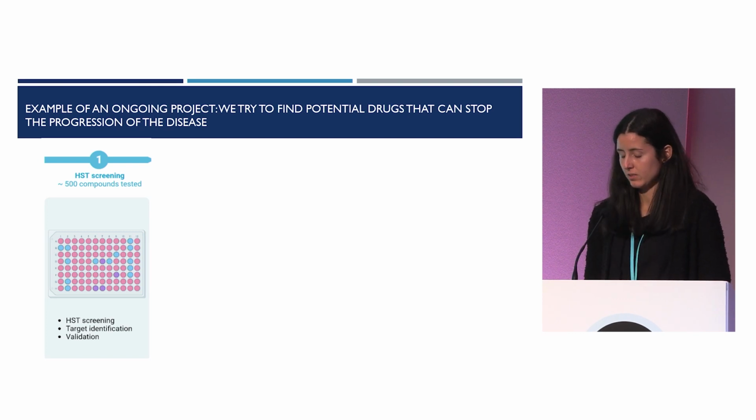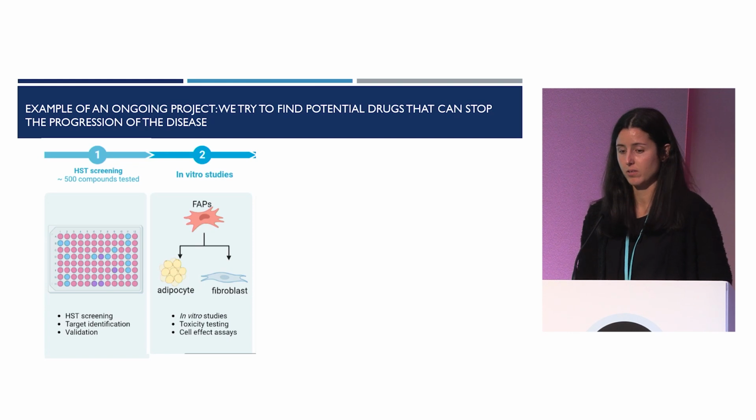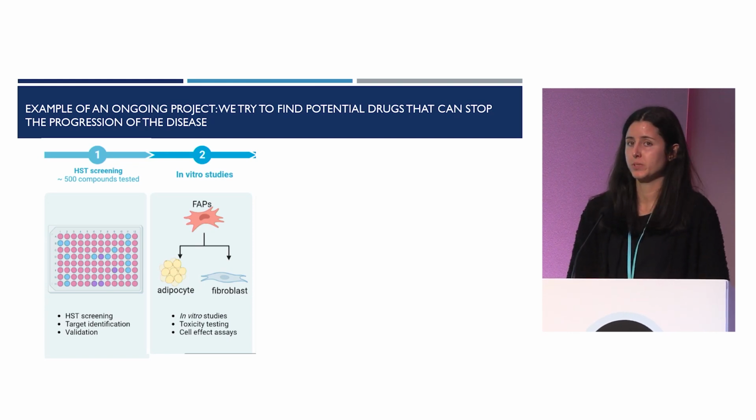In the first stage, we started with 500 compounds, and from that high-throughput screening, we narrowed that big library into 8 final drugs. With these 8 final drugs that we observed could have an effect in that differentiation process, we did more in vitro studies.